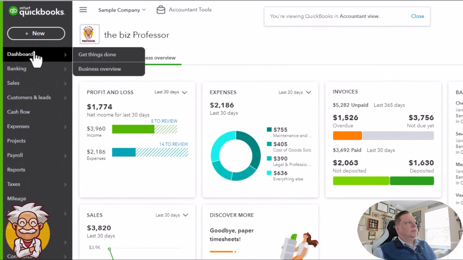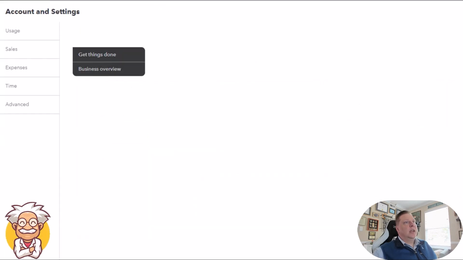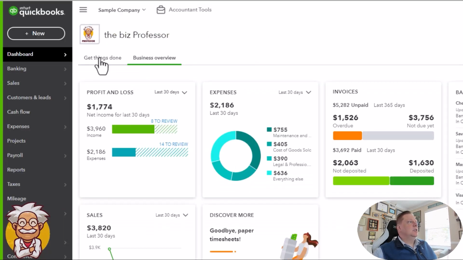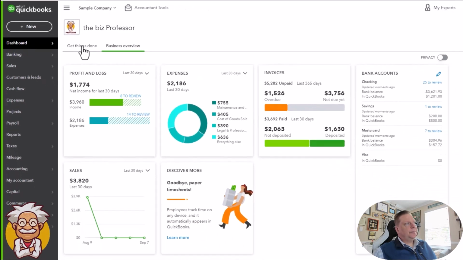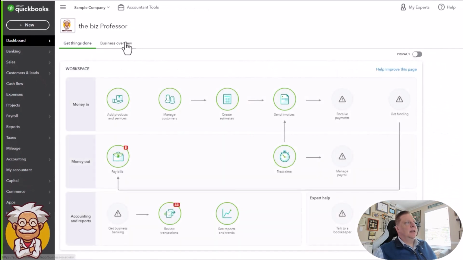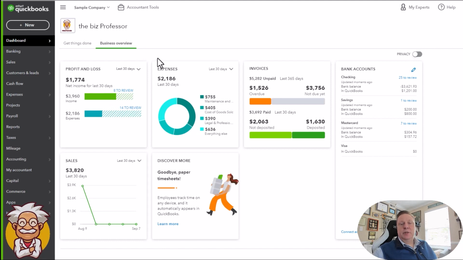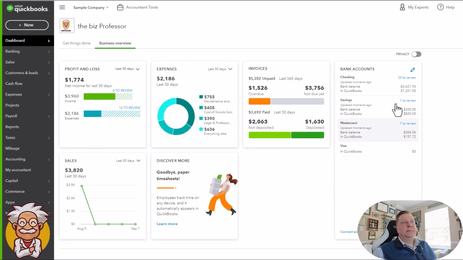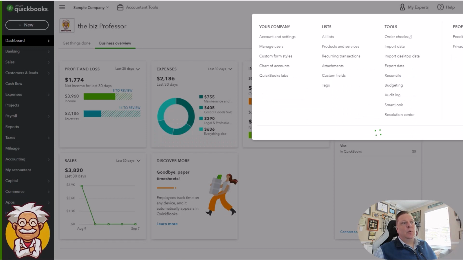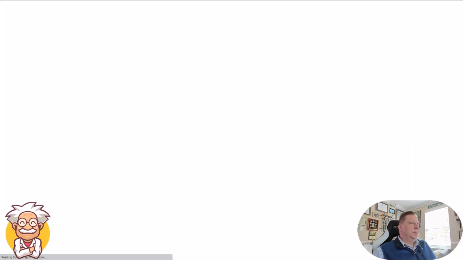Over here to the left, you'll notice dashboard is the first one, and it has a pop-out, either Get Things Done or Business Overview, or you can just go straight into these tabs, which are Get Things Done and Business Overview. QuickBooks makes it real simple for you to toggle between the two, and so if you like the business overview, you can always click on that. So I'm going to go back in and switch it back to the business view.